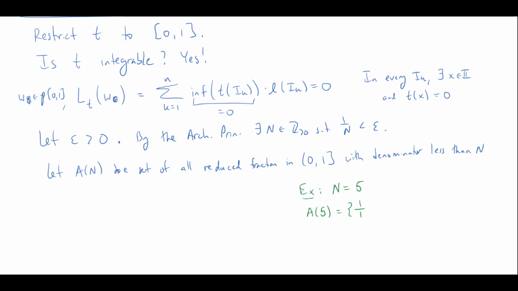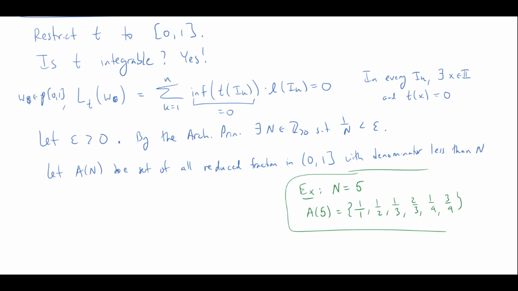So I could have 1 over 1, I could have 1 over 2, 1 over 3, 2 over 3, 1 over 4. I don't get 2 over 4 because that's not a reduced fraction, but I do get 3 over 4. And then I could have nothing, right? I already have 1, and I can't have anything bigger than 4 in the denominator. So there you go. That's all of it. Okay, so that's what my a of n is going to be.